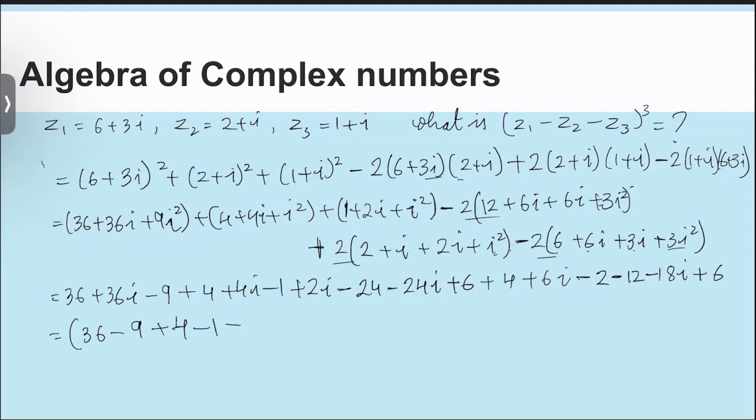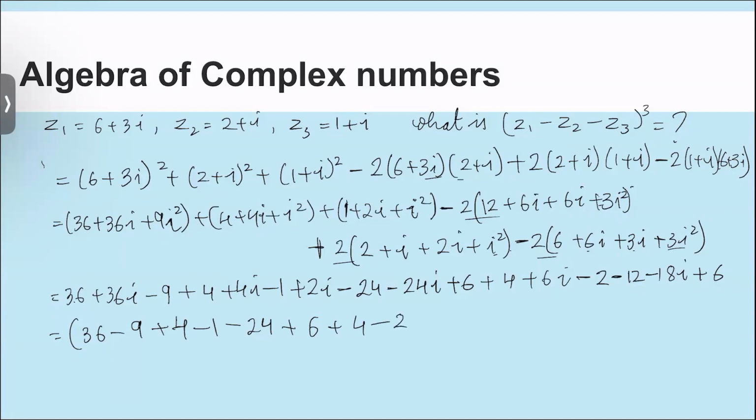So we have 36 minus 9 plus 4 minus 1 minus 24. Then you have plus 6 plus 4, and then the last you have minus 2 and minus 12, and you have plus 6.